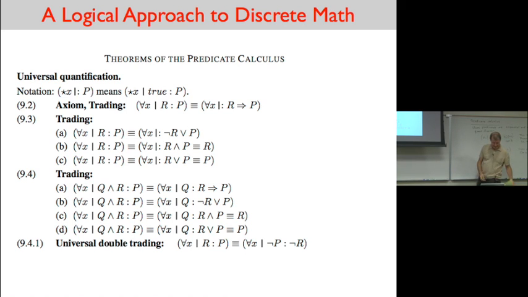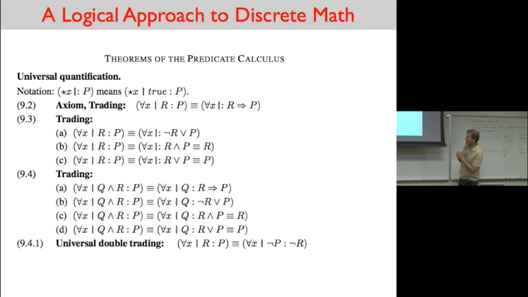First of all, let's see if we can understand why 9.2 makes sense. Now, what is it saying? What is on the left-hand side of the 9.2 axiom?